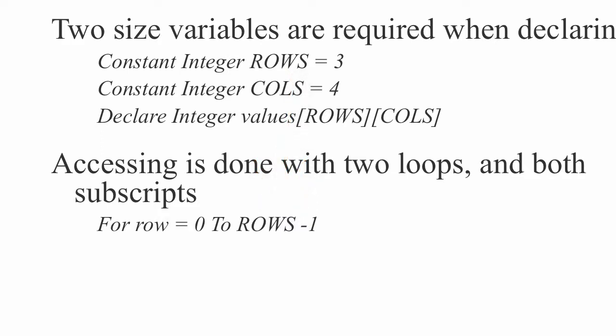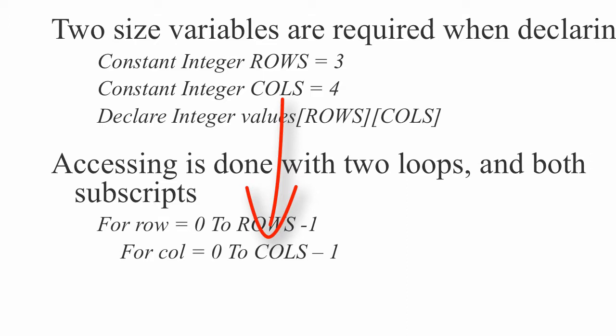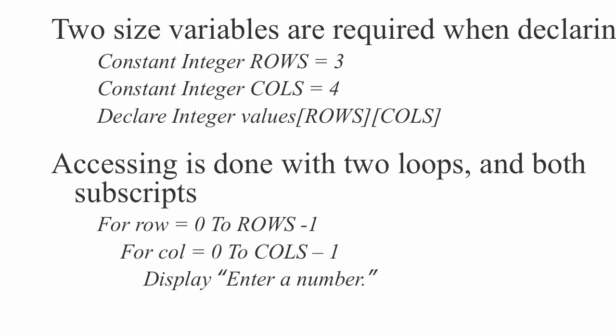So this is for those rows, and for those columns, and here we go, we're going to say for col equals 0 to cols minus 1, so that's going to go from 0, 1, 2, 3. That's the number of cols we've got. And we're going to display, enter a number.